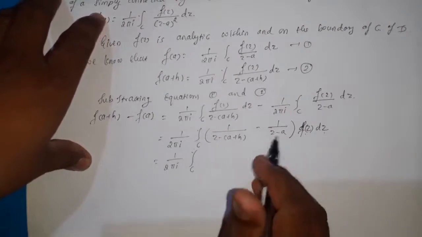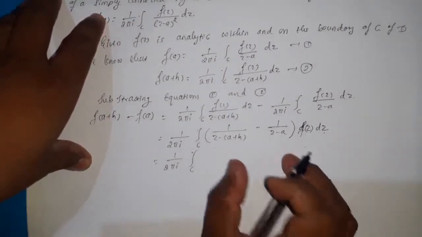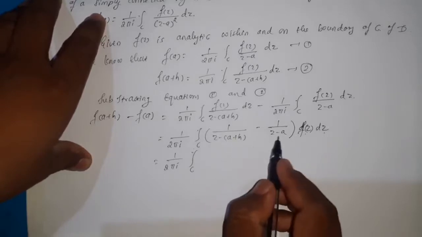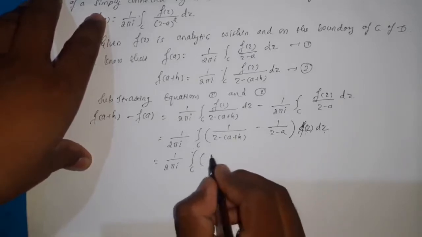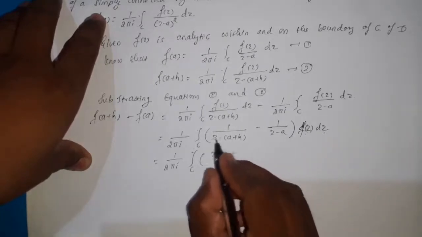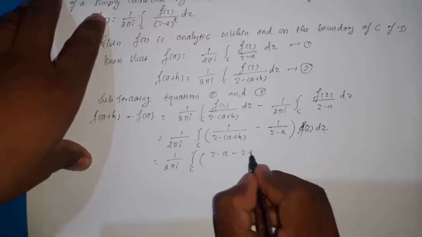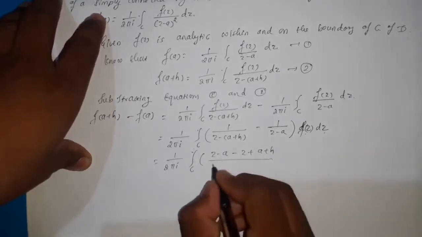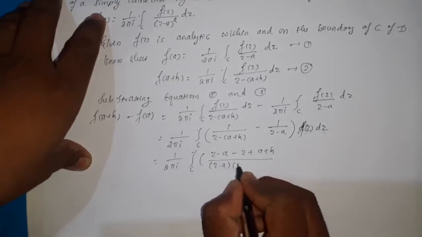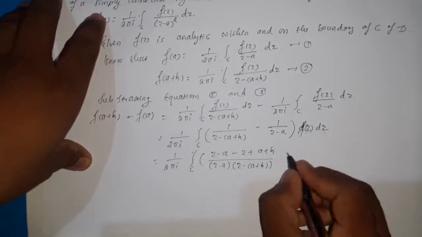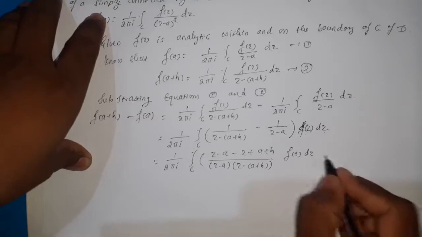Then this is equal to 1 divided by 2 pi i integration over C. So here we will simplify this one. So here LCM is what? z minus of a plus h into z minus a. Then this becomes z minus a minus of z minus of a plus h, whole divided by z minus a into z minus of a plus h, into f of z dz.